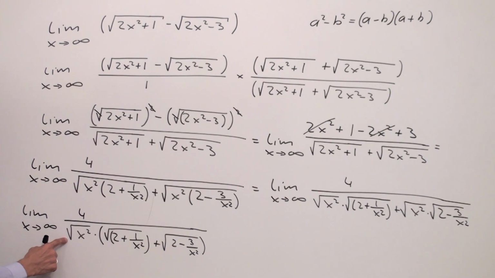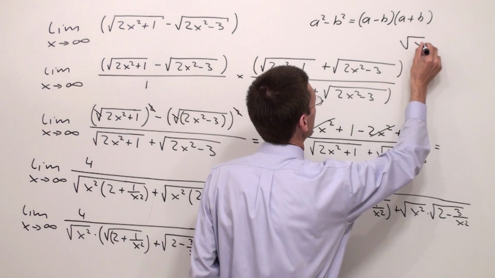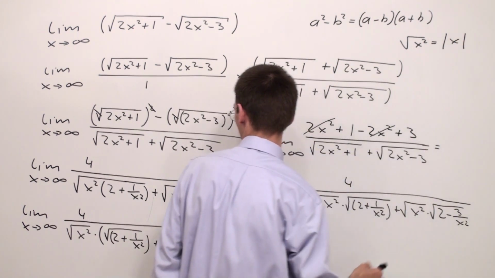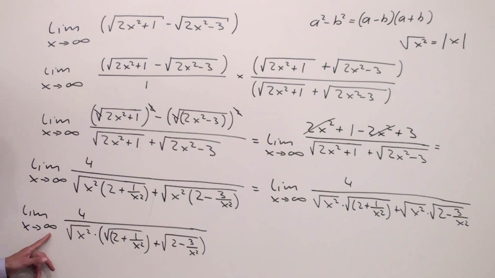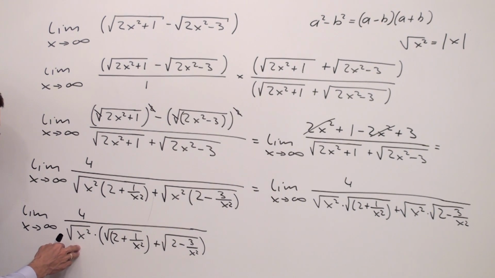Please notice that we have got square root of x squared. Square root of x squared is equal to the absolute value of x. And because x is going to positive infinity, instead of writing the absolute value of x, I'm going to simply write x.